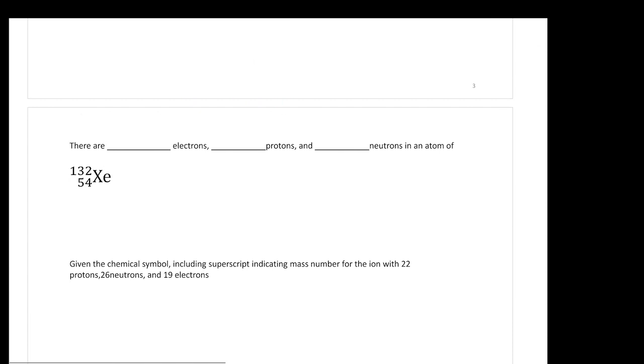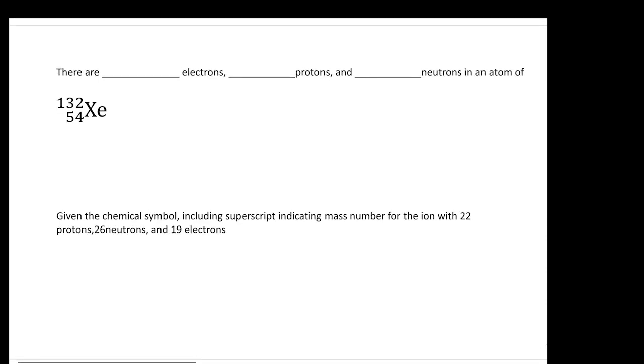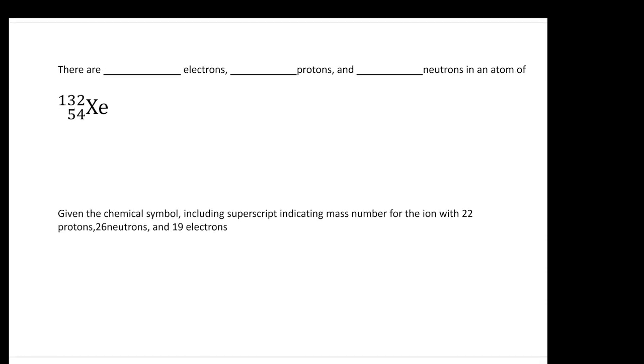With all of that said, I want to go through a couple of examples. Example number 1: if I give you one atomic symbol and ask how many electrons, protons, and neutrons are in this atom. Again, the first step is always to look at the proton number. How many protons do you have in this case? 54, right?